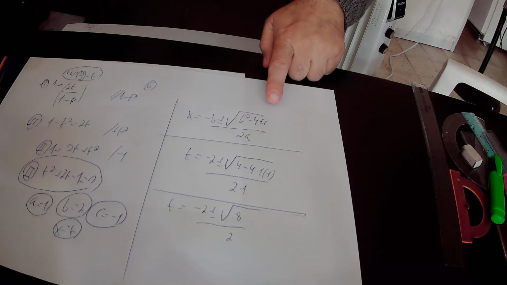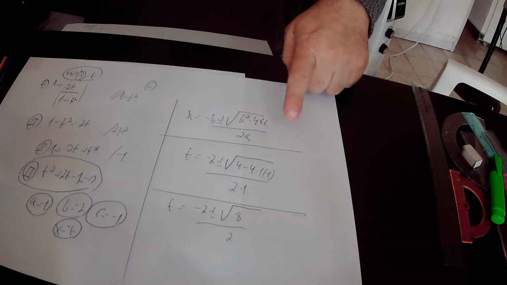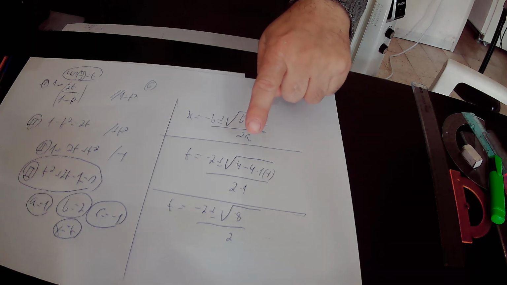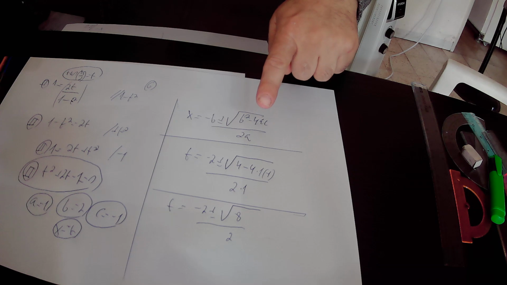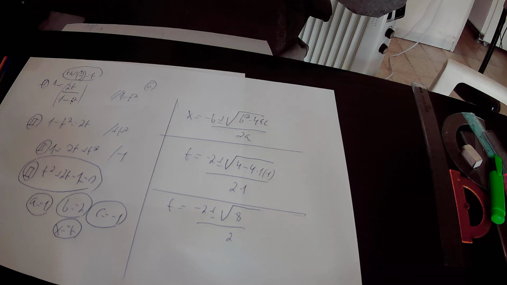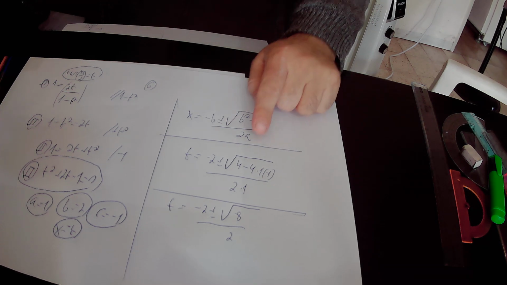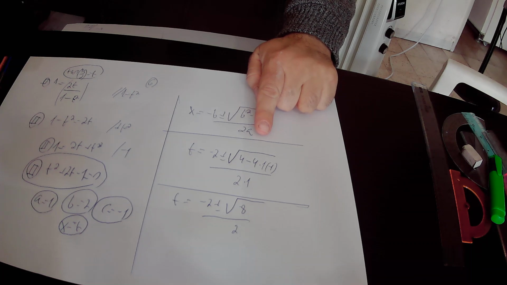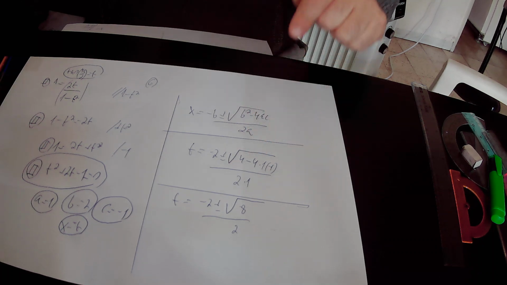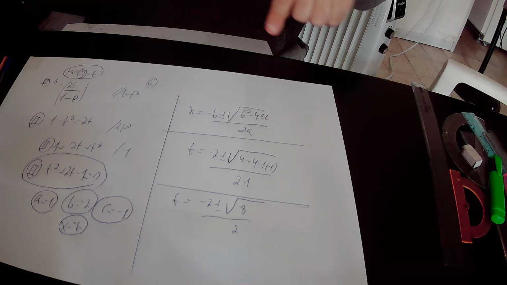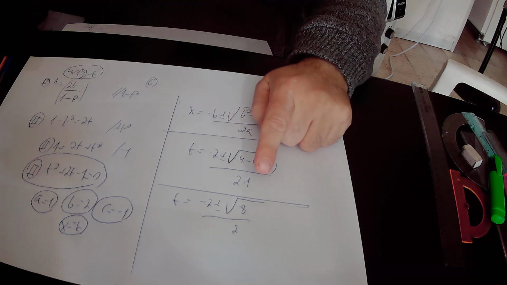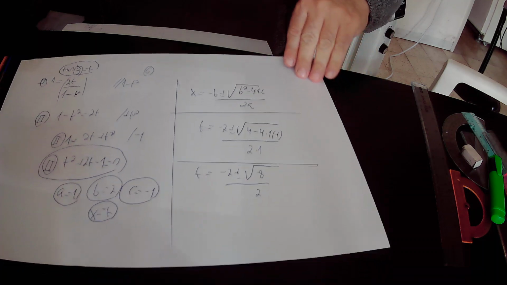Minus 4 times a is 1, times c, that is minus 1, over 2a. a is 1, so 2 times 1. So inside the root we have 4 minus 4 times minus 1 is plus 4. So in total, inside the root we have 4 plus 4, that is 8 over 2. So t equals minus 2 plus minus square root of 8 over 2.